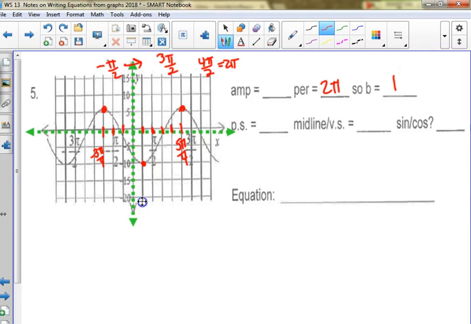Okay, what does it appear that the maximum is at? Can we go with 5 or 6? What do you want to do? 6 makes it easier? Okay, if the maxes are at 6 and the mins are at negative 10, if you average that, add and divide by 2, you'll get the midline.